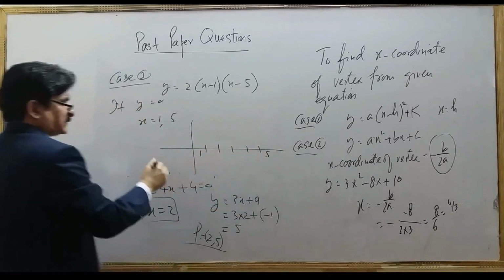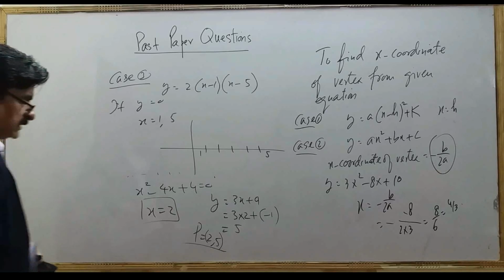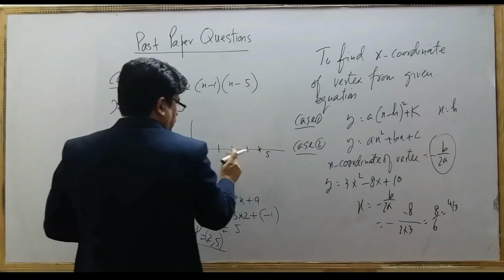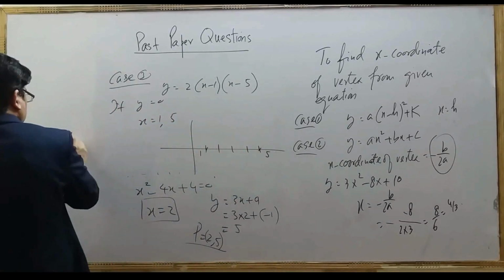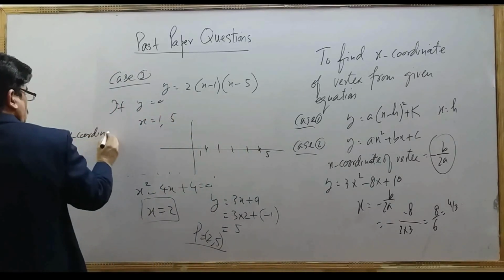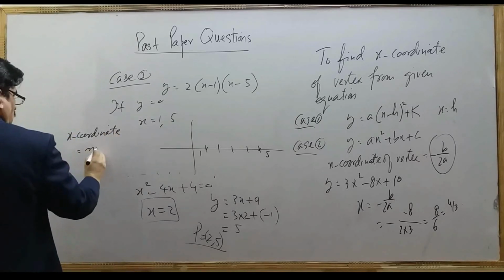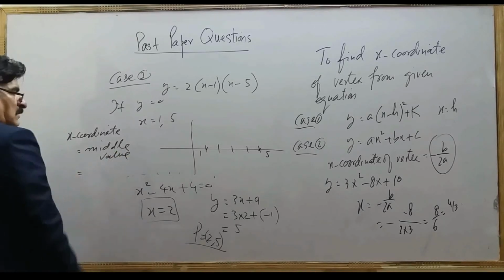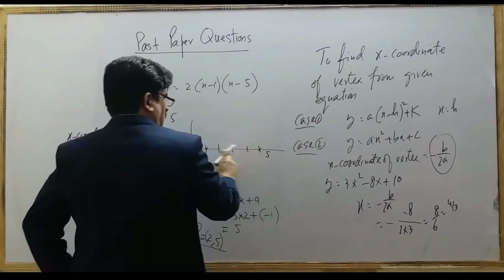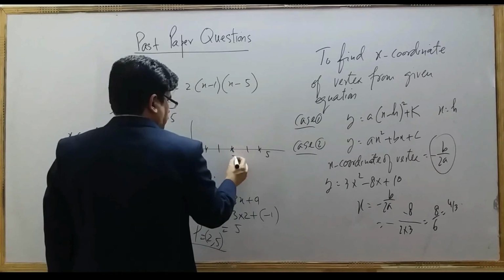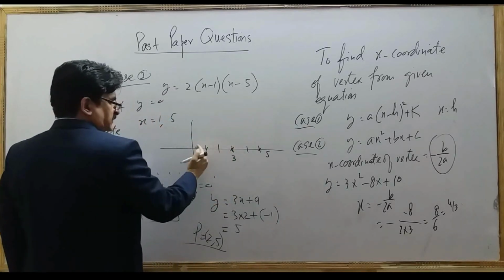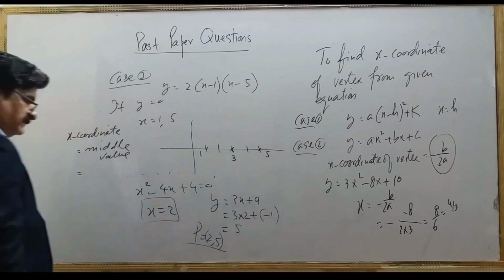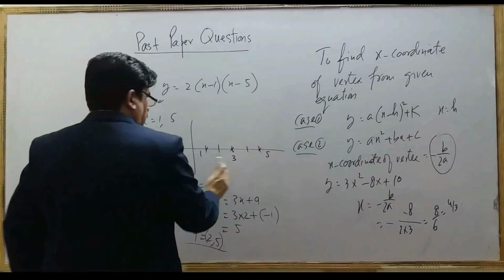Whenever you have the x-intercepts of a quadratic function, the curve will pass through these points, and the x coordinate of the vertex is equal to the middle value. What is the middle value? For 1 and 5, it is 3. So 2 units from 3 back is 1, and 2 units right is 5.